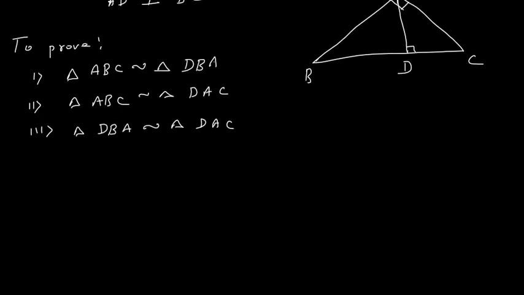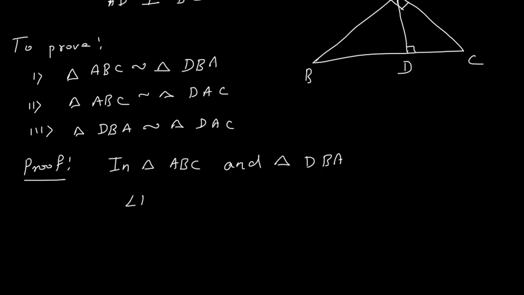Now let us see the proof. We take triangle ABC and triangle DBA. Now in these two triangles, you can see that angle BAC is equal to angle BDA.